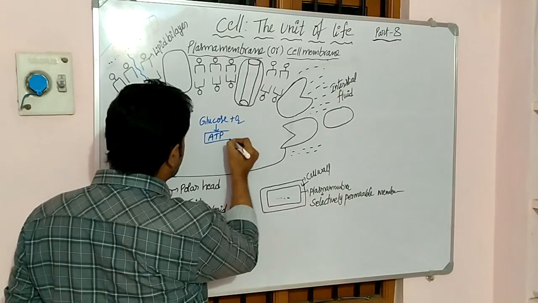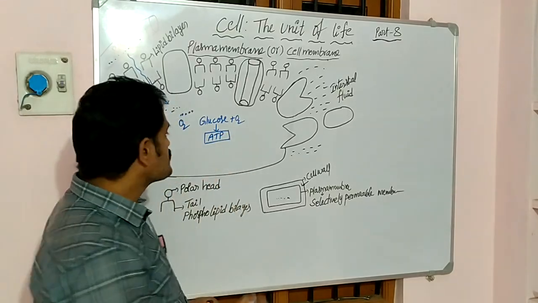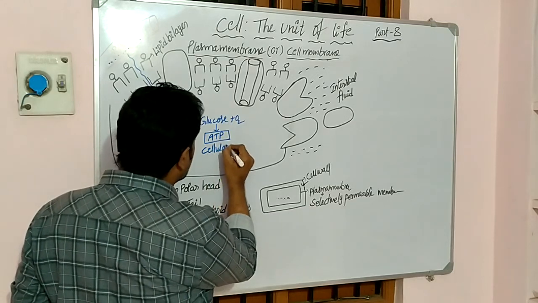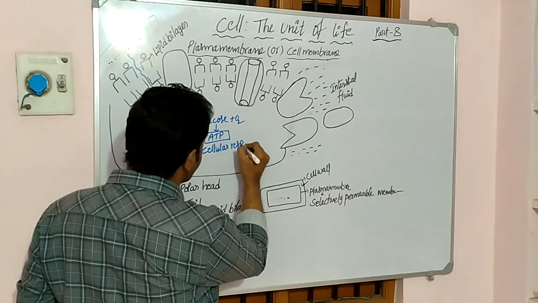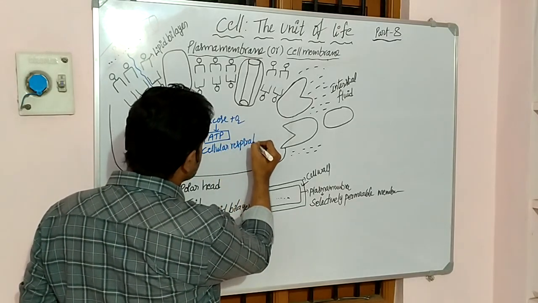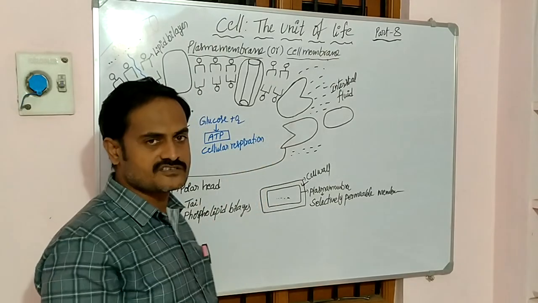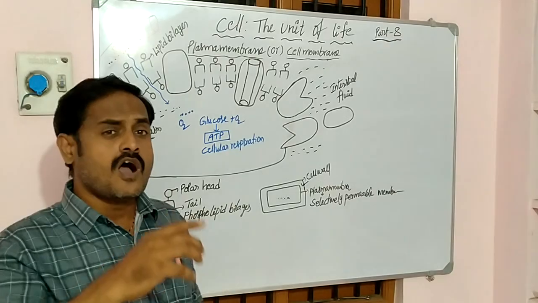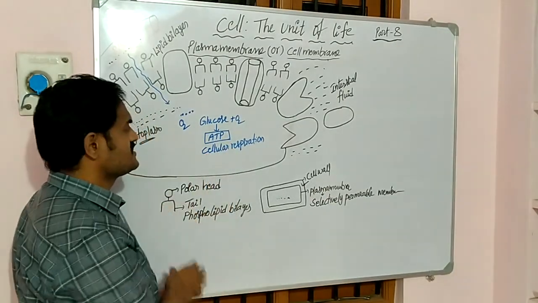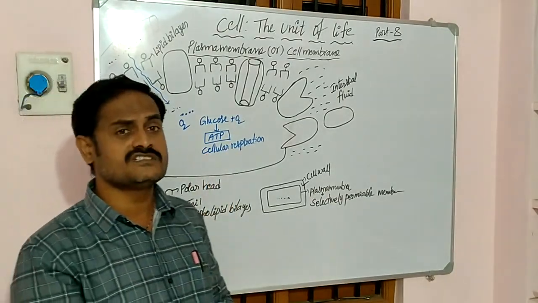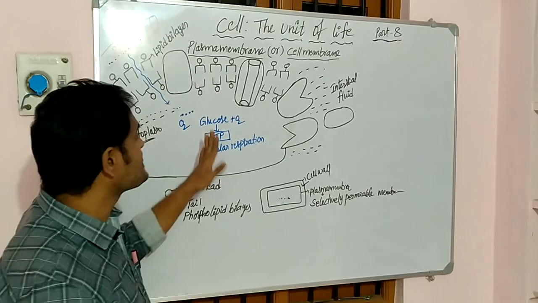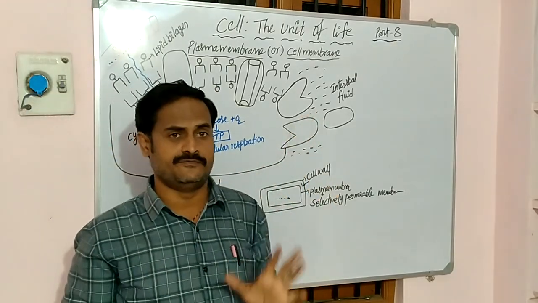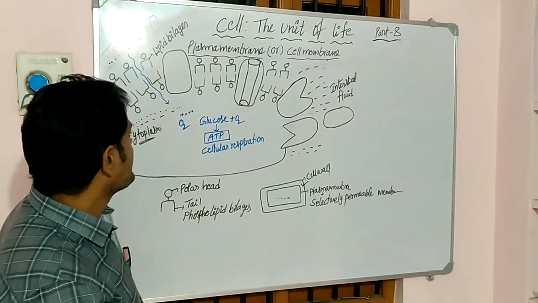ATP means energy. So this process is called cellular respiration. Okay now students, this process is called what? Cellular respiration. For cellular respiration, how does the oxygen enter into the inside of the cell? By the process of simple diffusion. Remember that.